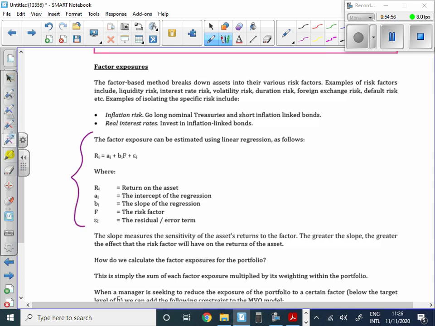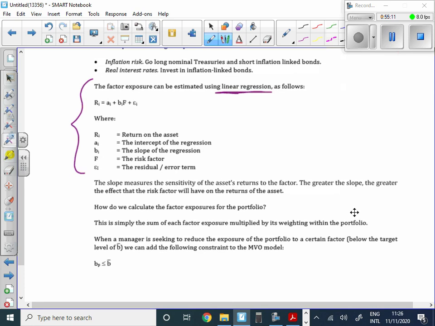Okay, but this is the linear regression equation that I would use when trying to calculate my return on the asset for exposure to a certain factor. I would not spend too much time on that. A little bit on the back end over here.